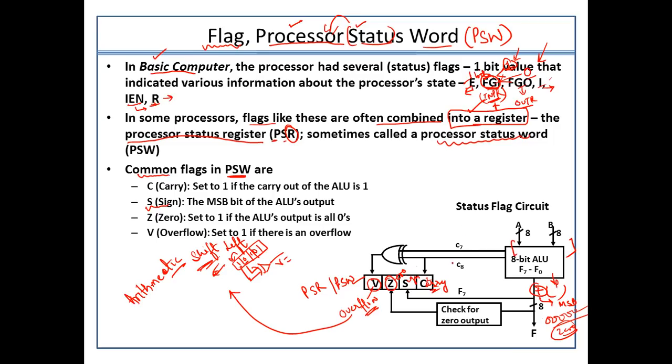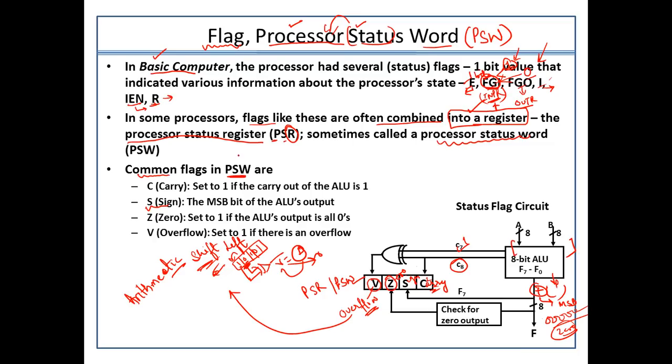This V value will be checked with the most significant bit and the one lying next to it, right? So we are going to depict whether there is an overflow being generated or not. If the value of V is equal to 1, then I was saying, okay, there is an overflow in the data. But if the value of V is equal to 0, then I usually used to say that there is no overflow within the data.